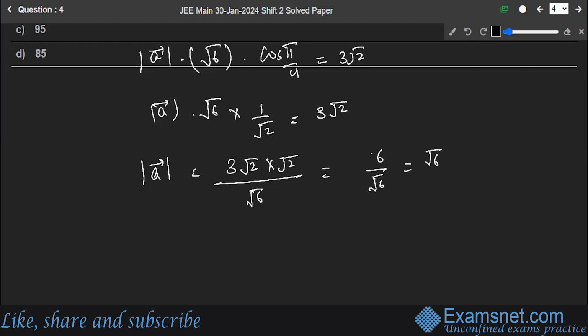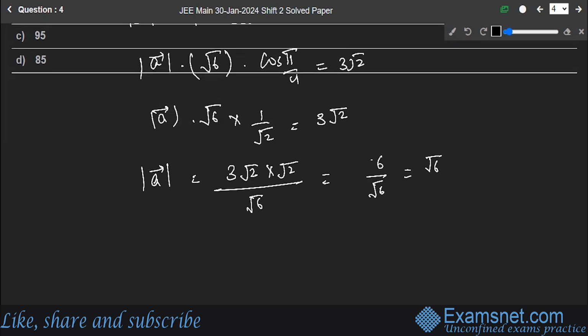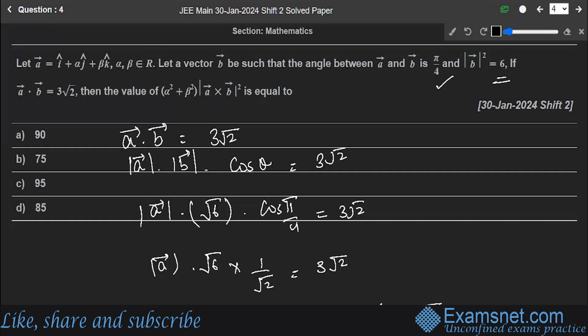Right, and this is your a vector. Let's find out the magnitude for a. The a vector is equal to i plus alpha j plus beta k. So the magnitude of a vector will be equal to root of 1 square plus alpha squared plus beta square.